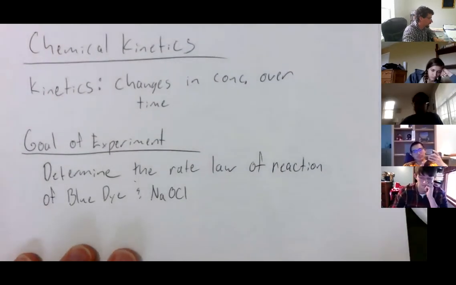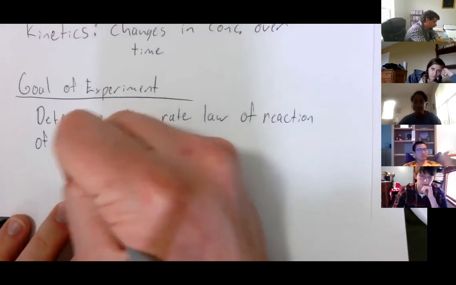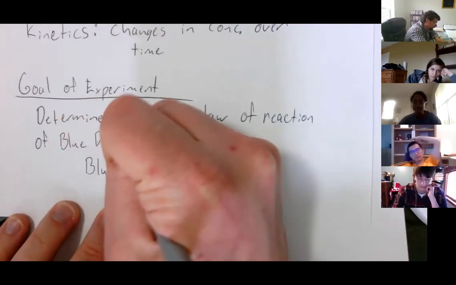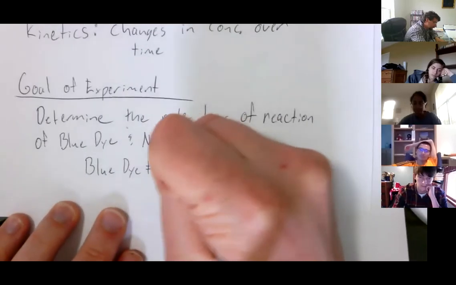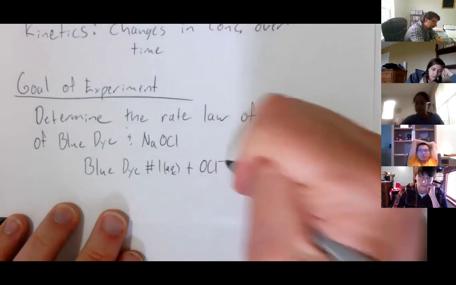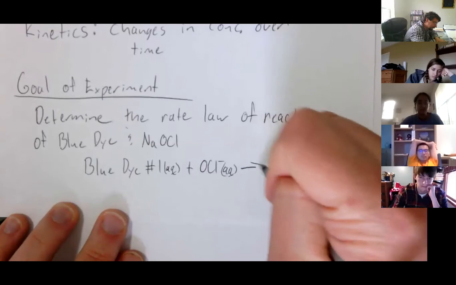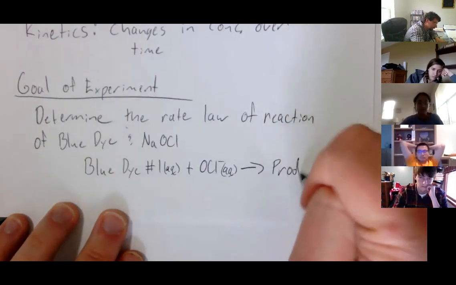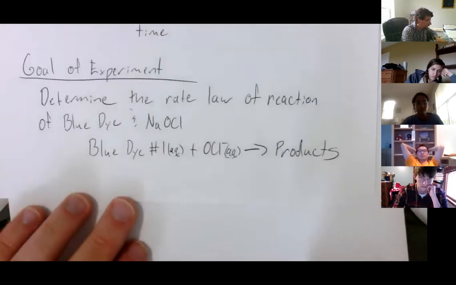Okay. So basically, what's happening is we have our blue dye, Blue Number One, or brilliant blue. It's reacting with the hypochlorite anion. And we get some products. Okay.